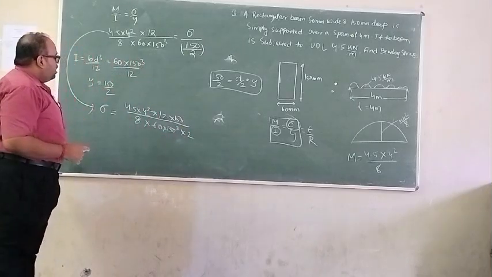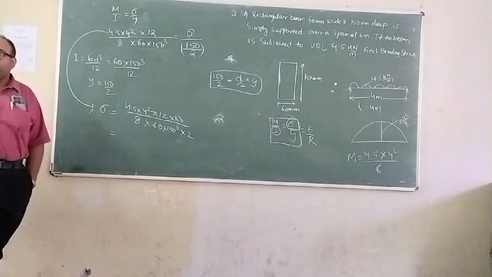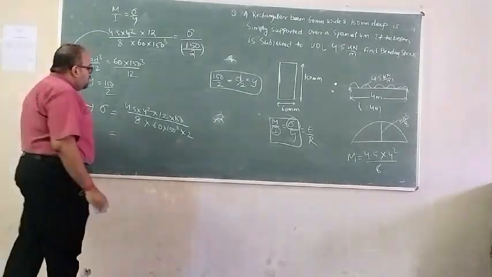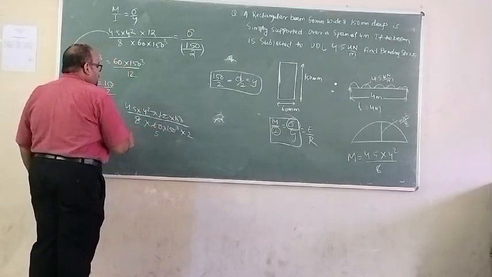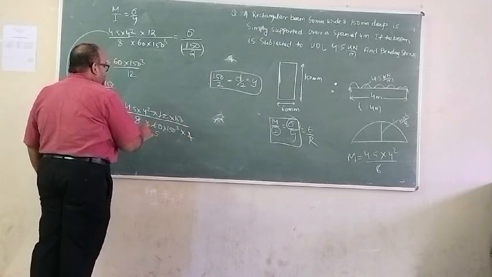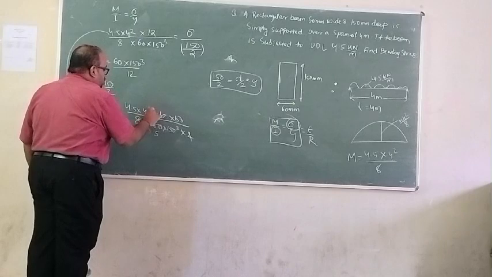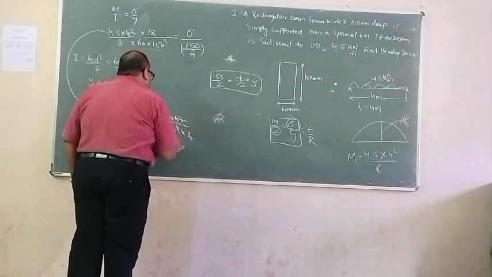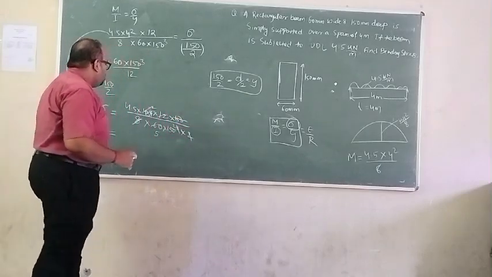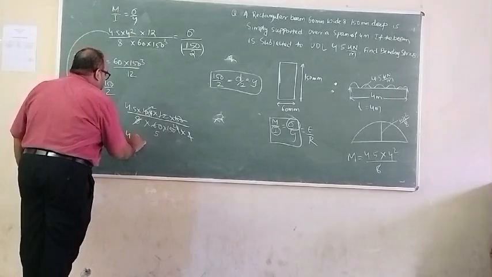After solving, when the 150 cancels, putting it in the calculator, I will simply get 4.5 multiplied.